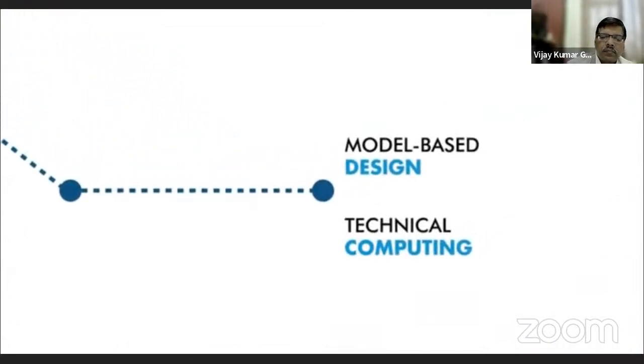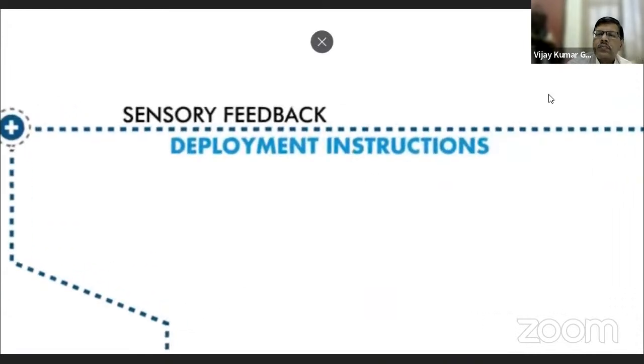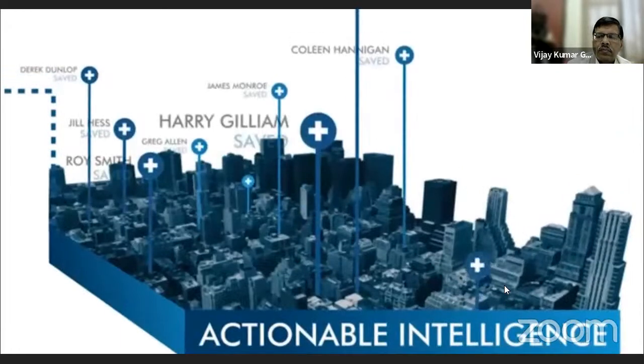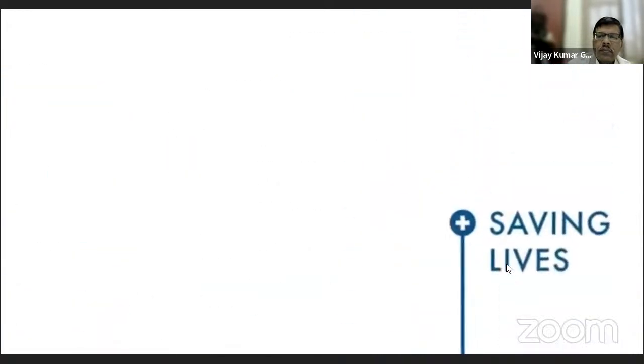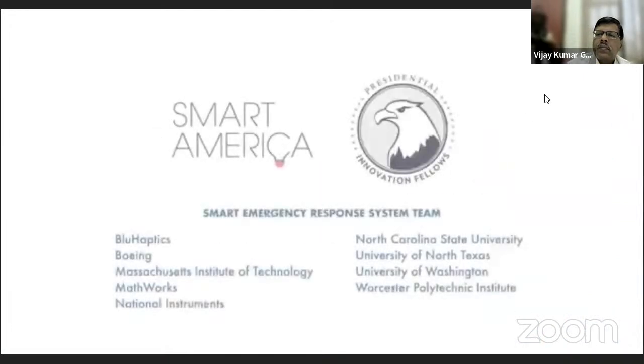It's a perfect combination of technology and human interaction for actionable intelligence that can save time and, more importantly, save lives in times of emergency. The technology exists today, and it's part of a vision of Smart America. Learn more at mathworks.com.